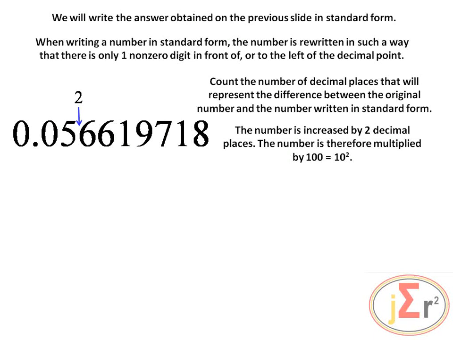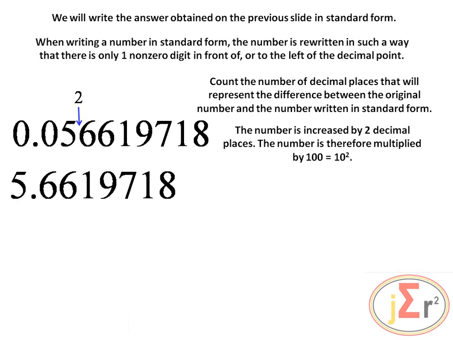The number is therefore multiplied by 100, or 10 to the power of 2. Whereas we have 0 point something, now we have 5 point something. This number is obviously smaller than this. Therefore, in order to arrive from here to here, it means that we would have done somewhat of an increase.